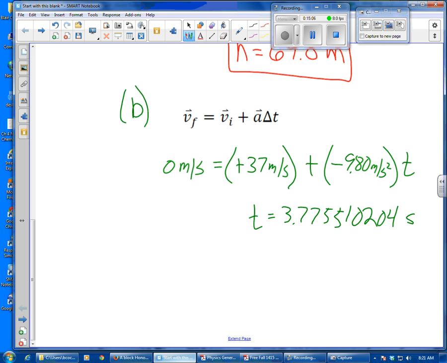But I'm interested in the total time, which is going to be, as you guys told me, twice this amount. So the time to go up is 3.7755 seconds. The time to come back down is going to be 3.77.